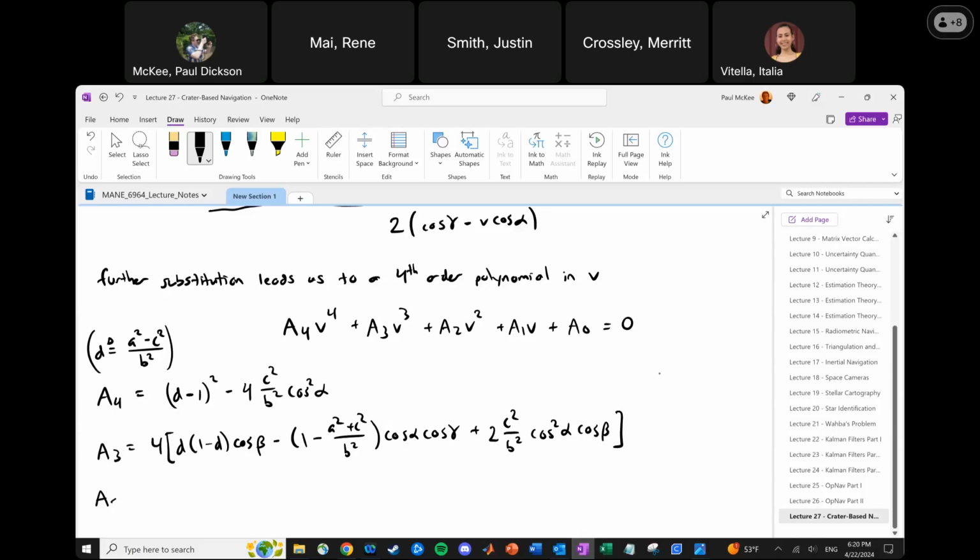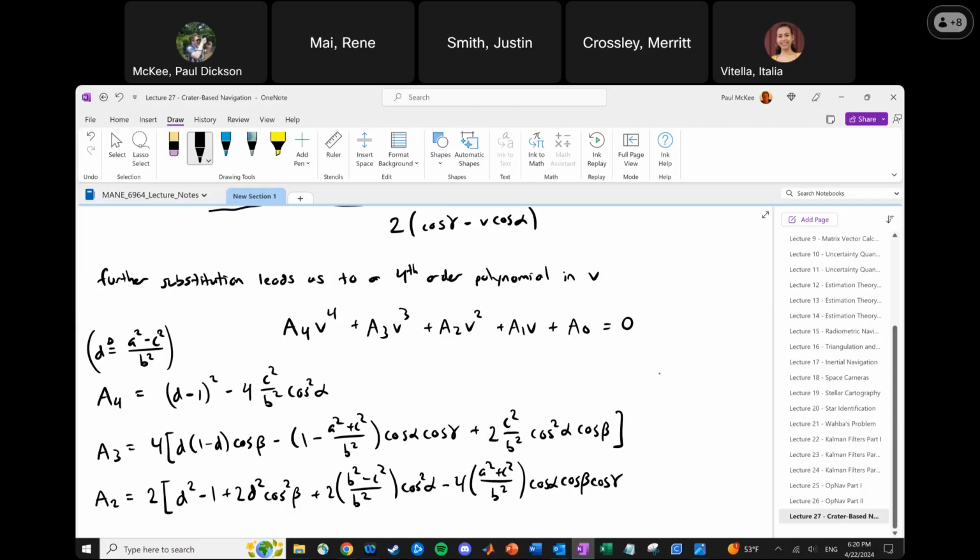All right, A2 is the worst one. Buckle up. A2 is 2 d squared minus 1 plus 2d squared cosine squared beta plus 2 b squared minus c squared over b squared cosine squared alpha minus 4 a squared plus c squared over b squared cosine alpha cosine beta cosine gamma plus 2 b squared minus a squared over b squared cosine squared gamma.